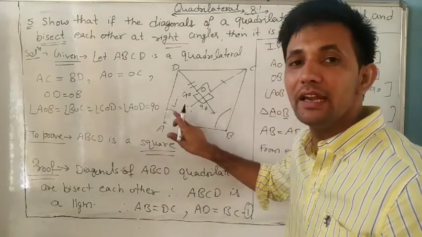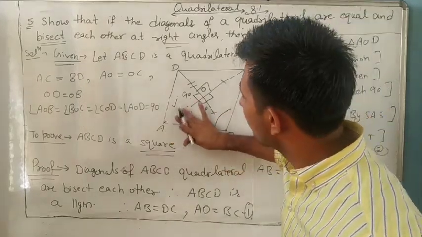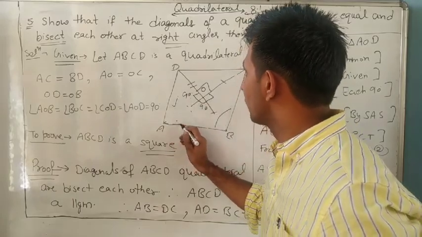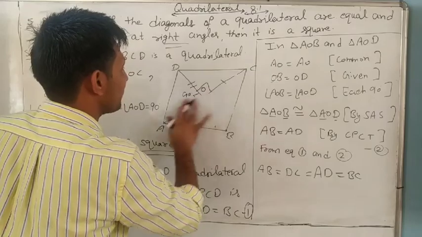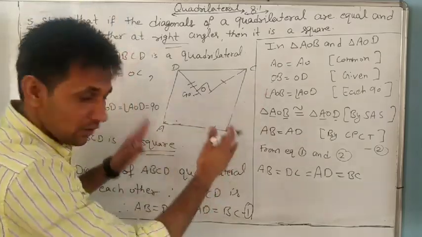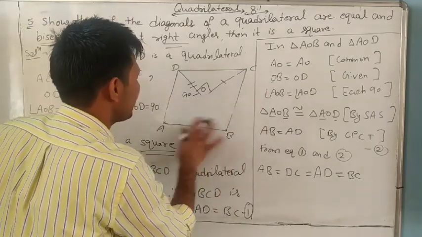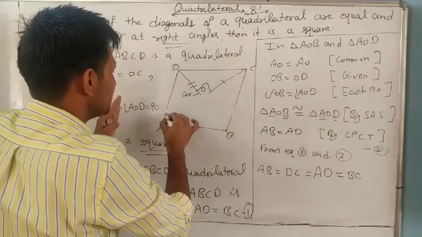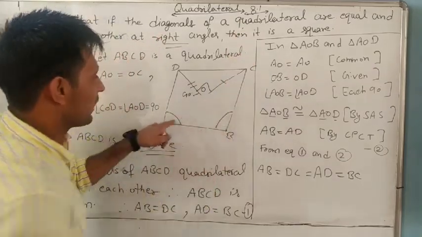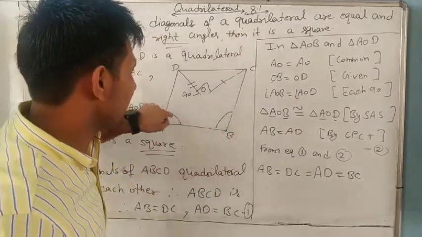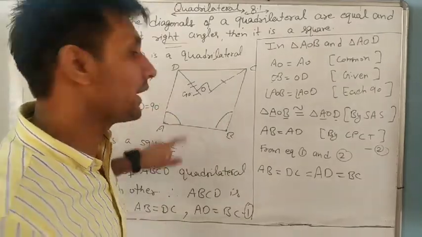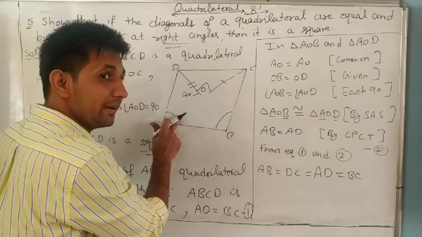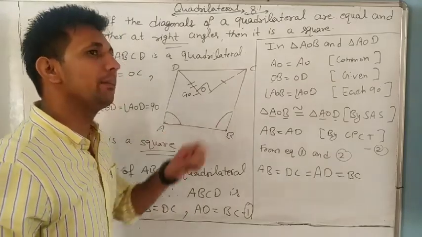Because we know ABCD is a parallelogram. We already proved that. If ABCD is a parallelogram, the sum of interior angles is 180. And we want to prove it is 90. How can you prove that? It means A equals angle B.